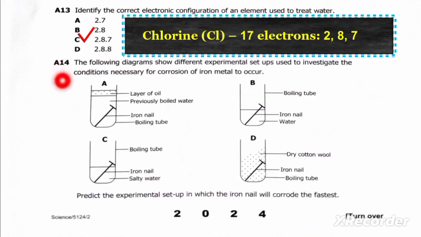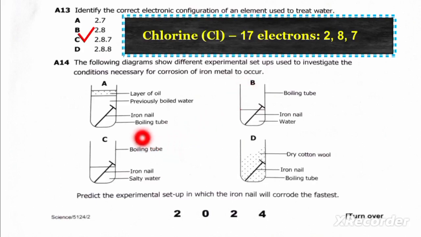We move to the next question, which is question A14. The following diagrams show different experimental setups used to investigate the conditions necessary for corrosion of iron metal to occur.